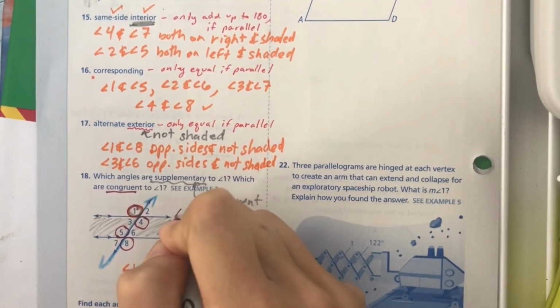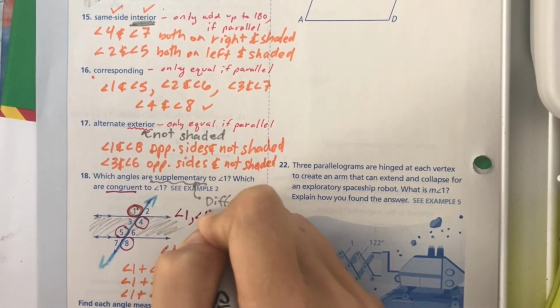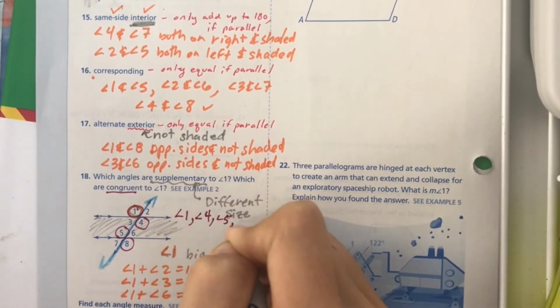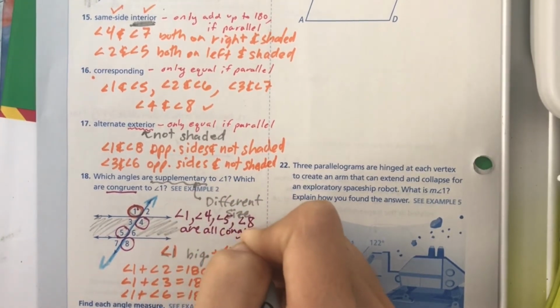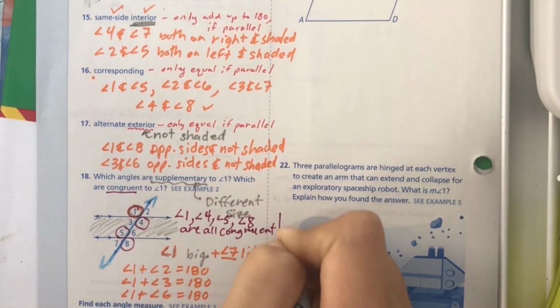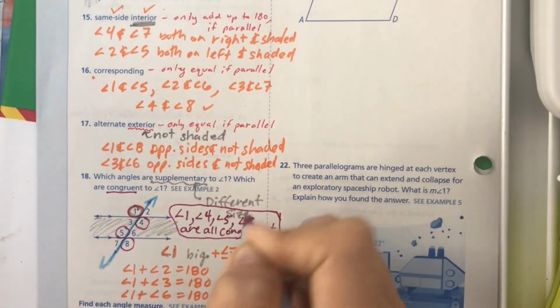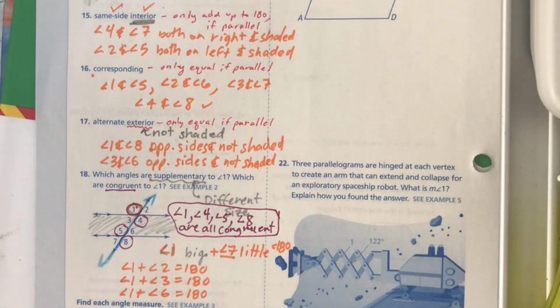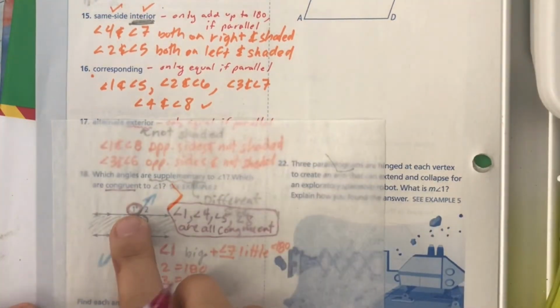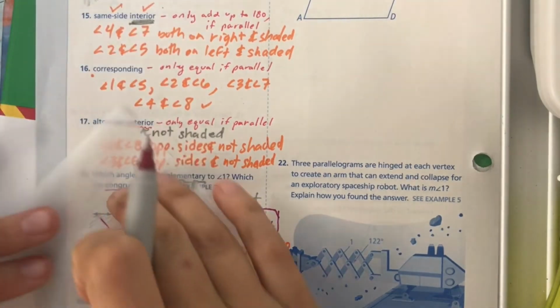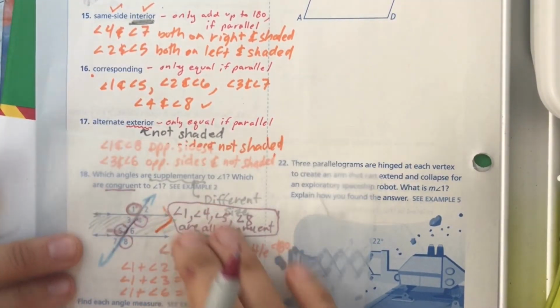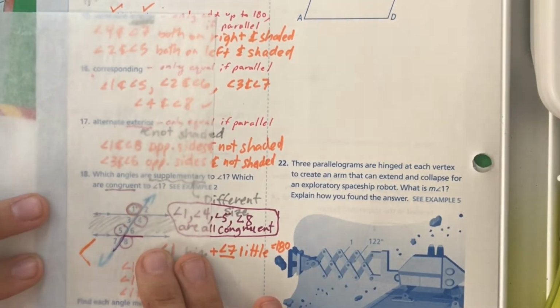So angle 1, angle 4, angle 5, and angle 8 are all congruent. Beautiful. How do you know? With my eyes, with my patty paper, or you could get out a protractor to be positively sure. They'd all be the same measurement.